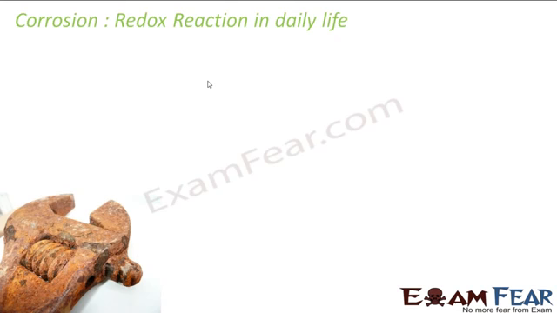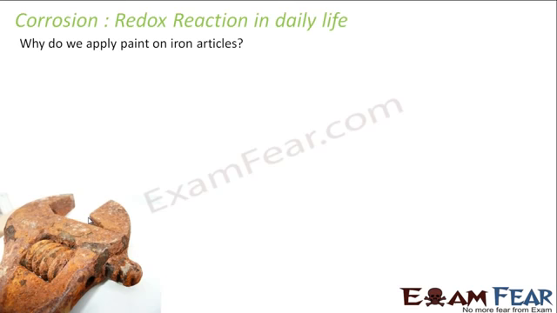Corrosion is an example of a redox reaction in daily life, where things get corroded, right? It was a good looking object and it became rusted. The question is, why do you apply paint on an article? Because we don't want the iron to come in touch with oxygen.